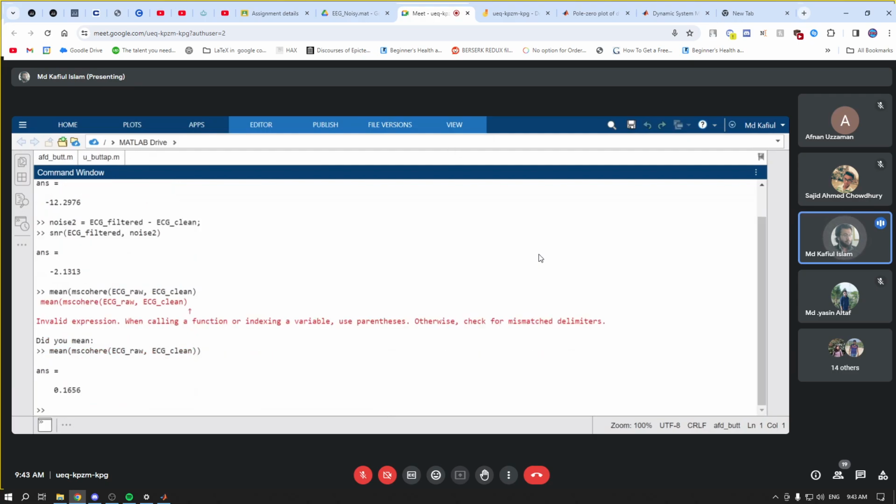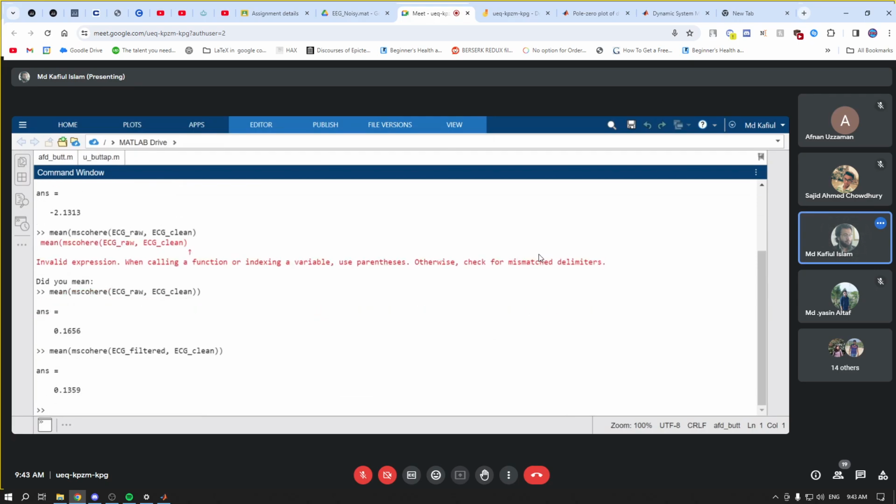Previously, the coherence value before filtering was 0.1656. After filtering, that means with the clean signal but this time with the filtered one, it is 0.359. So it is the correlation in the frequency domain.